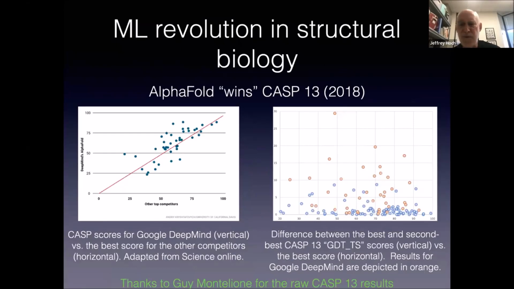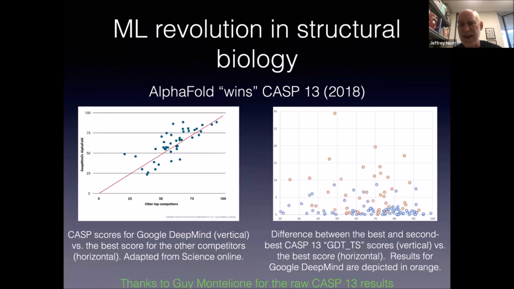These are the GDT_TS scores, the aggregate score that was used to rank order the results in the CASP competition, with higher numbers being better. What I've plotted here is the difference between the best score versus the second best.